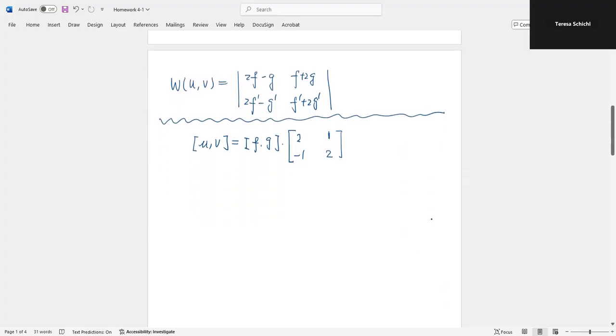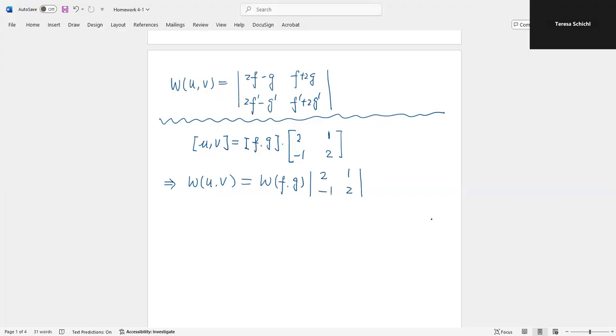Now we can formally prove it, but I'm not going to do that. We know the Wronskian of u and v will be equal to the Wronskian of f and g multiplied by the determinant of this matrix here.